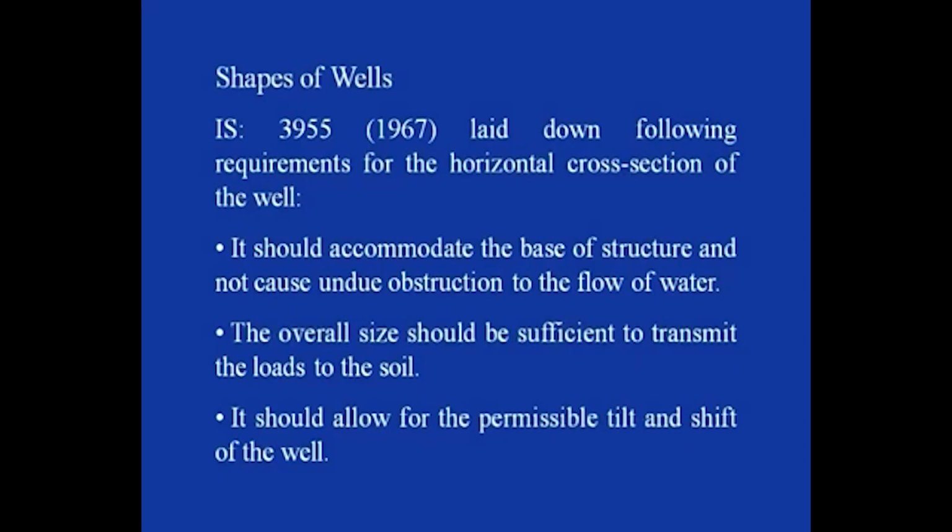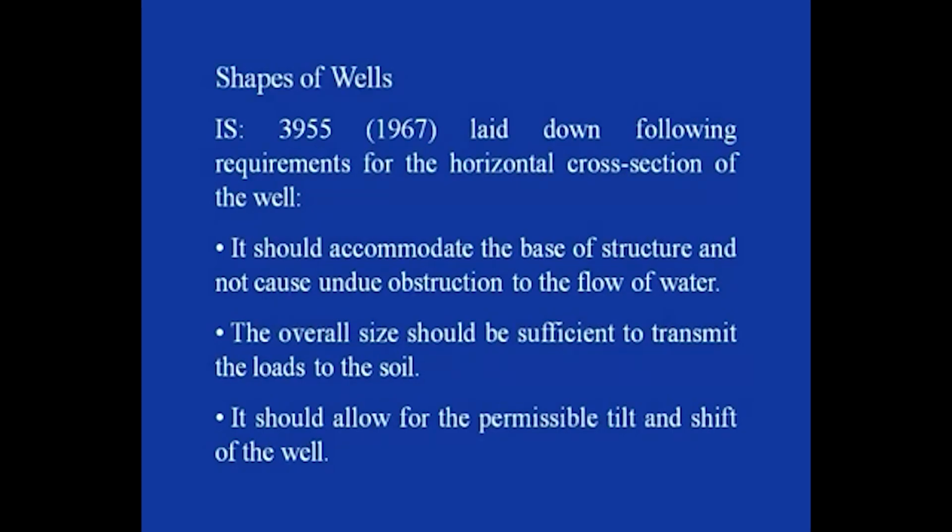Then the next requirement laid down by the IS code is that the well should be able to accommodate the base of the structure and not cause obstruction to the flow of water. The fourth one is that the overall size should be sufficient to transmit the load to the soil.